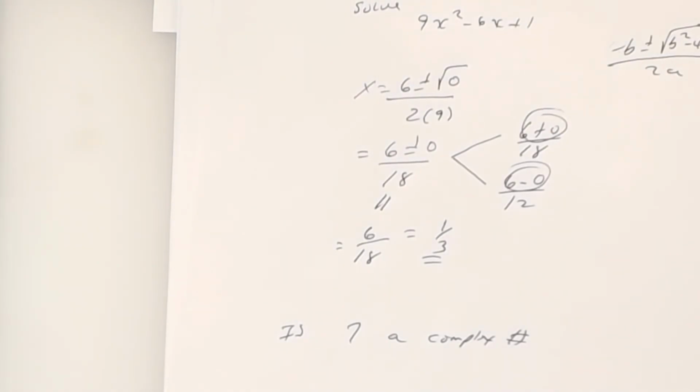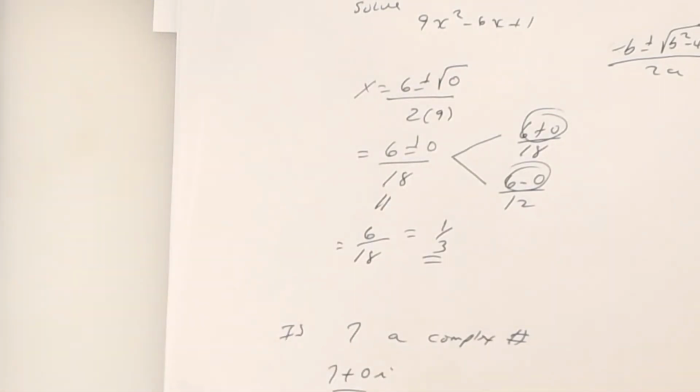No. Yes, it is. 7 is a complex number because you can write it as 7 plus 0i. So every number you've dealt with since you were born has been a complex number, although you just now know it.